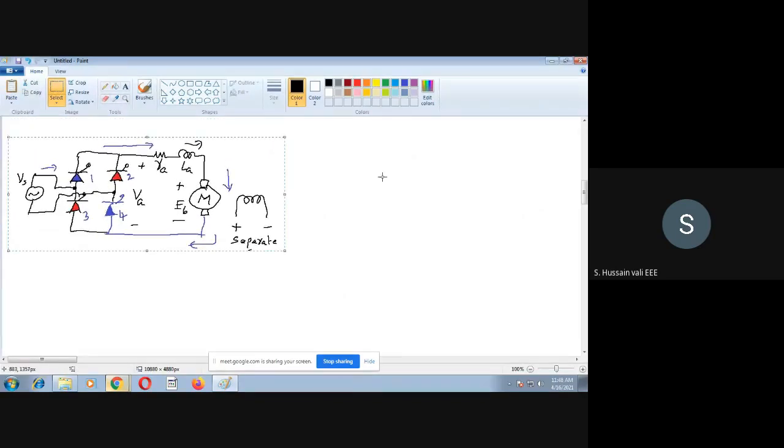Now we are discussing discontinuous conduction mode. Okay, so let me draw.